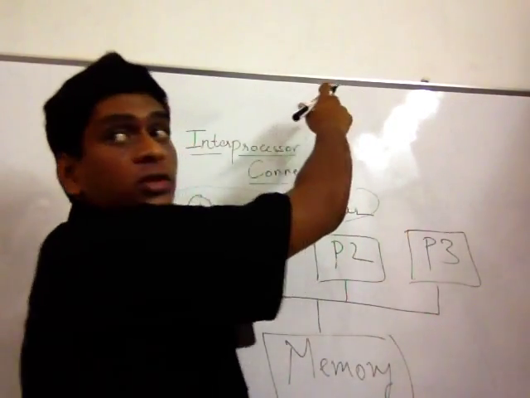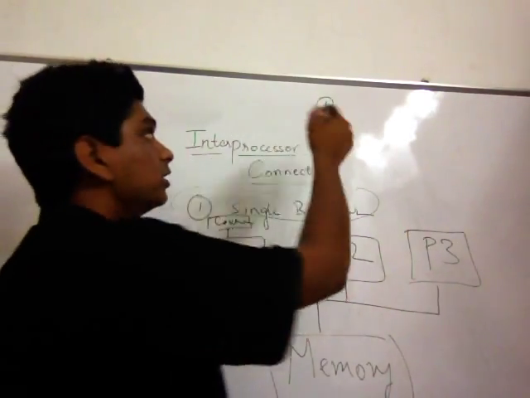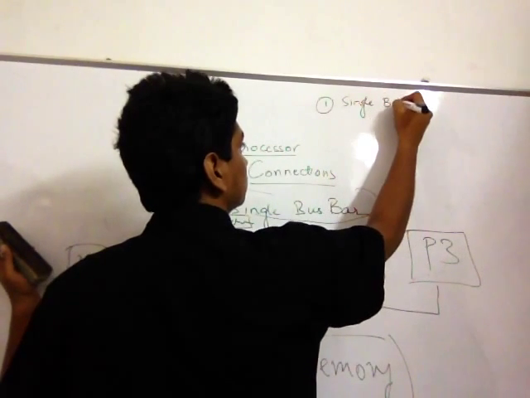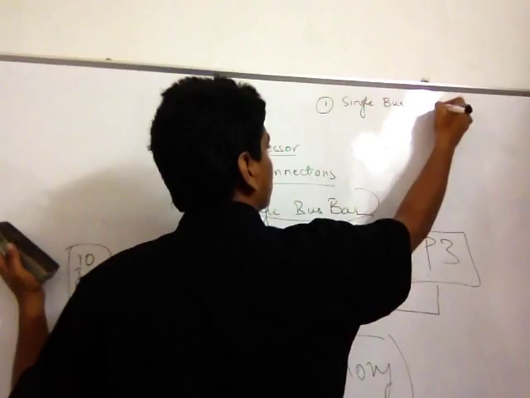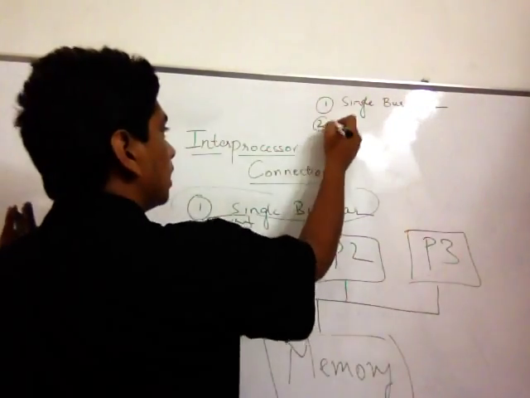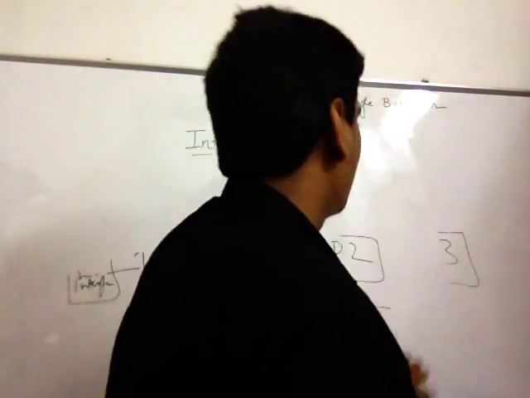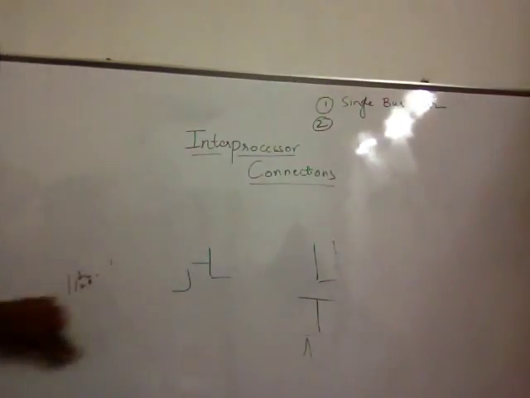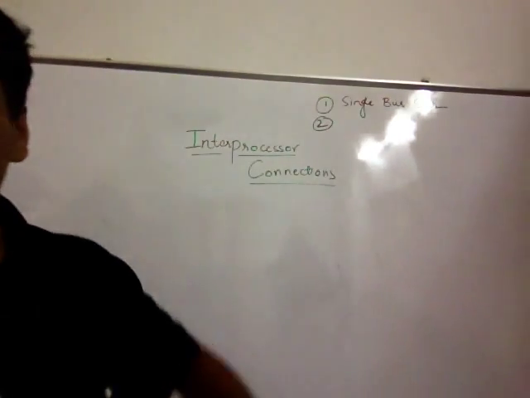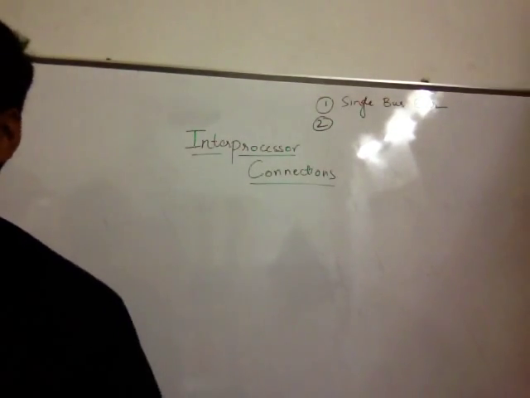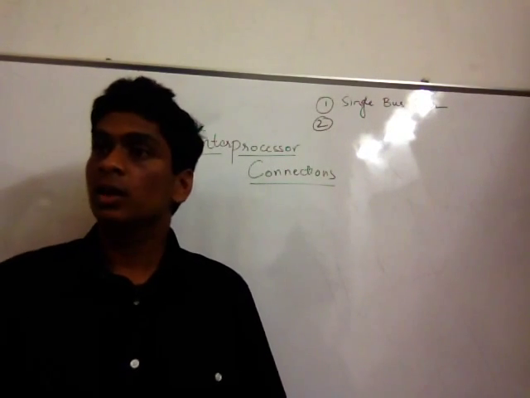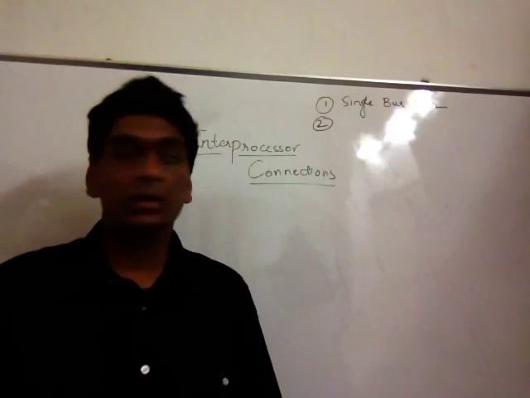I'm going to write everything on the top right, so that you can have a look at the end of the class. The first one is single bus bar. Now comes the second one: a multi-port network, and there is another concept called priority, which I'll tell you in my next class, or today if there is time left.